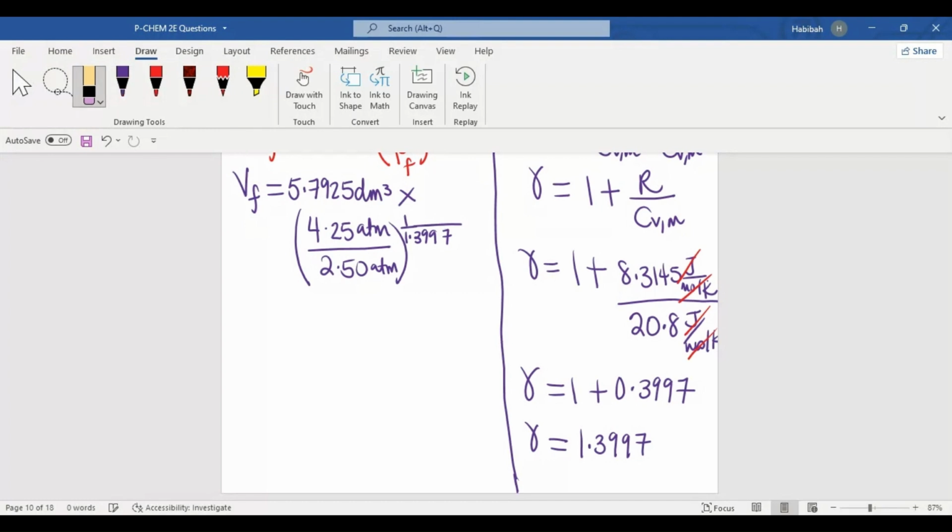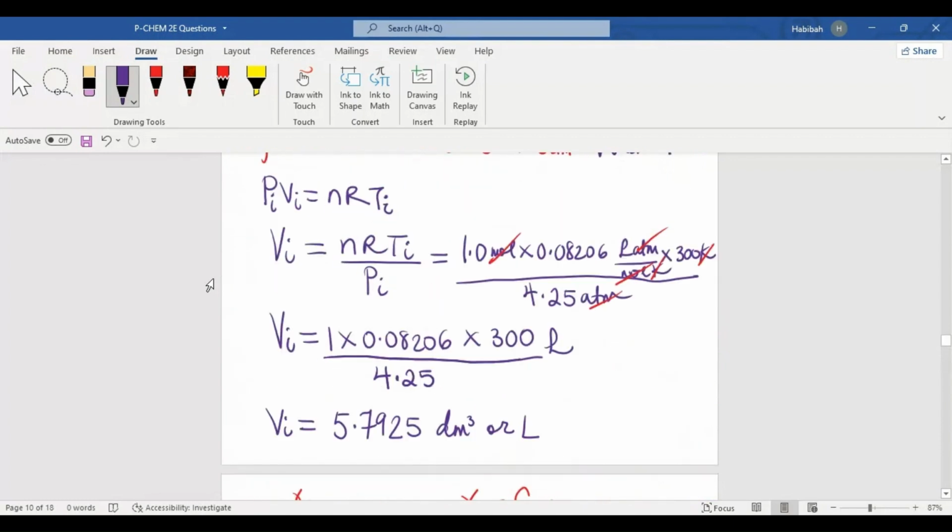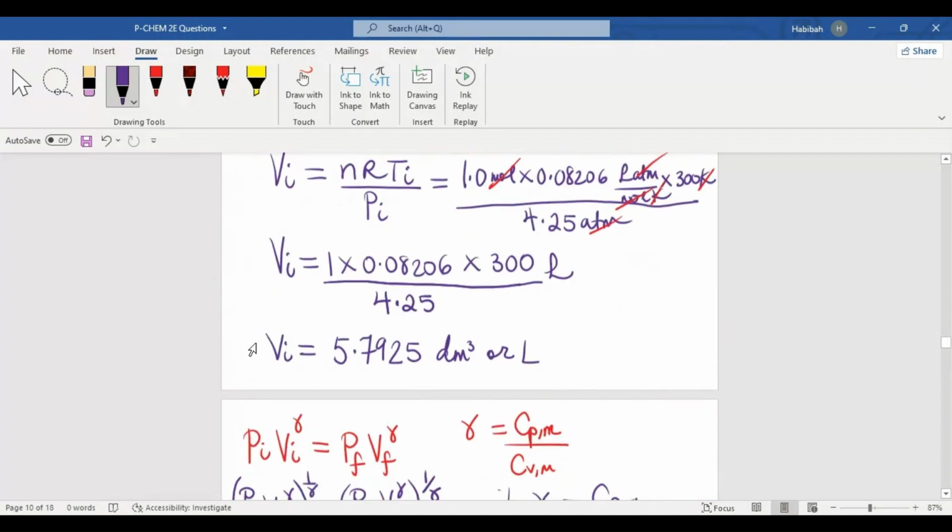So that's basically how it's done. So we have all of this information now, and we can work from here.